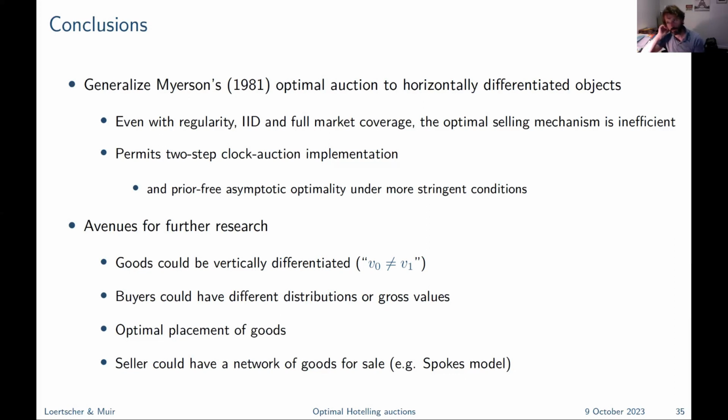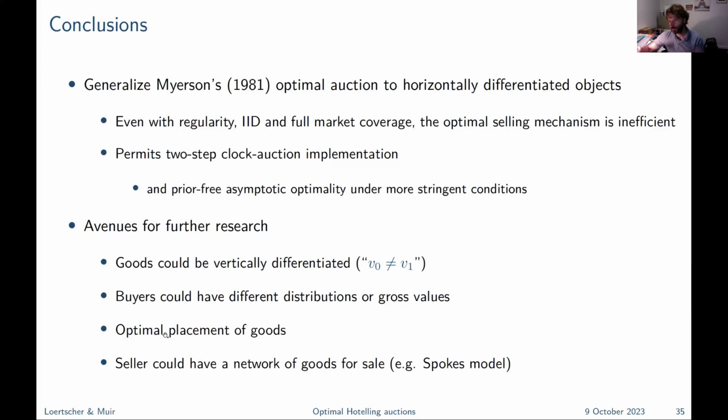I think there are many avenues for future research. So you could be thinking about the goods being of different vertical quality. V0 could be different from V1. Loosely speaking, I didn't define these things, but at this point it was just V's. You could have heterogeneous distributions or gross values, heterogeneous across the agents for the two goods.